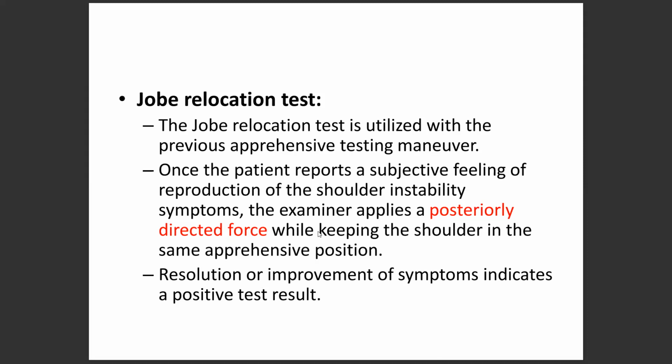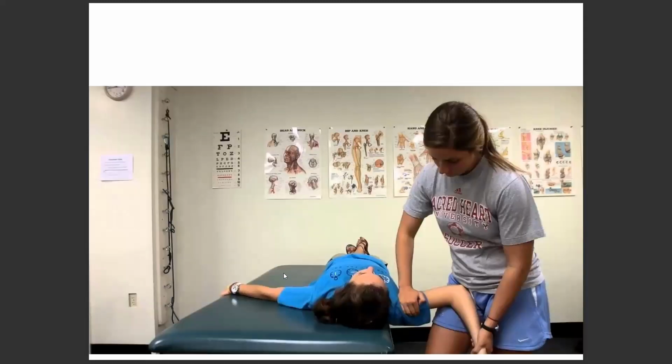If with this posteriorly directed force the apprehension no longer remains, then this test will be considered positive. Resolution or improvement of symptoms indicates a positive test result. So that is the jobe relocation test.